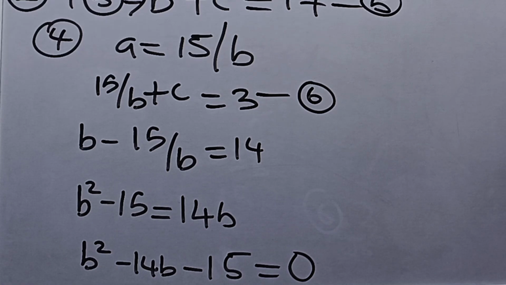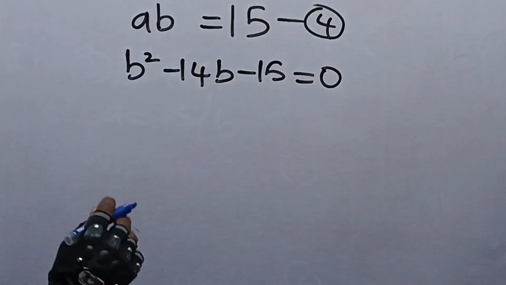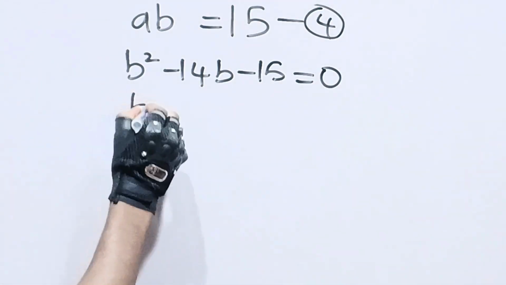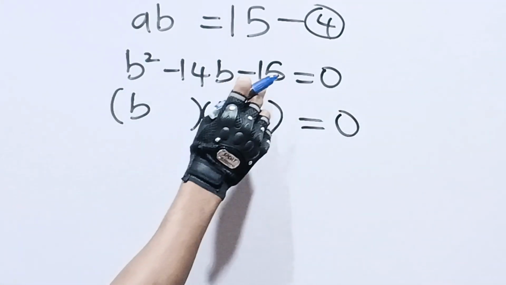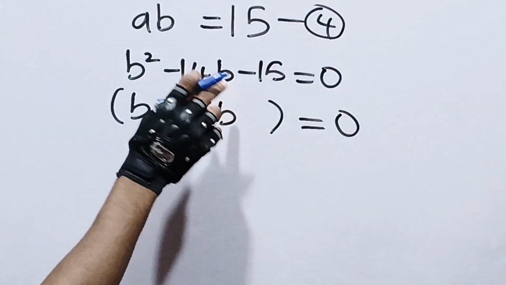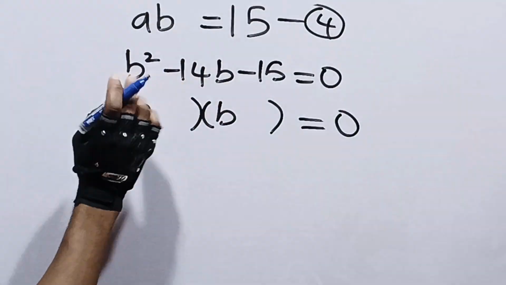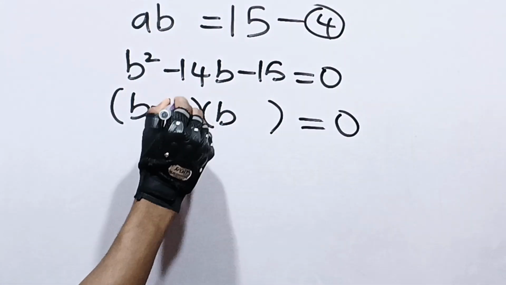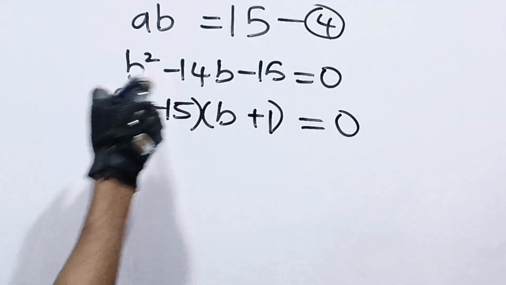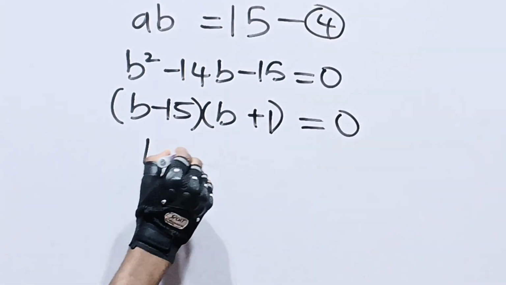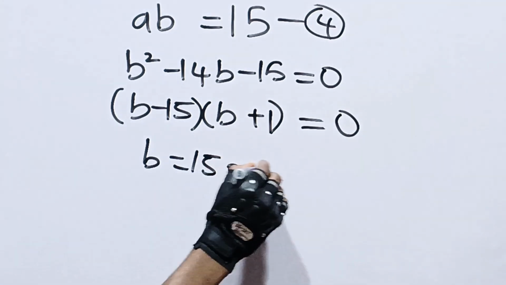Let's factorize this. We have b and b. The two factors of negative 15 that add to give negative 14 are negative 15 and plus 1. So we have that b is equal to 15 or negative 1.